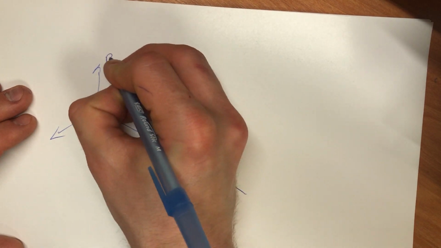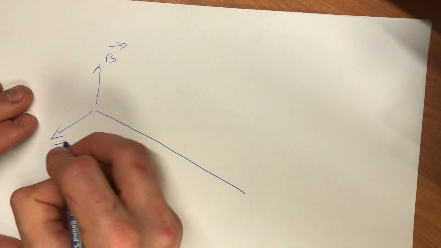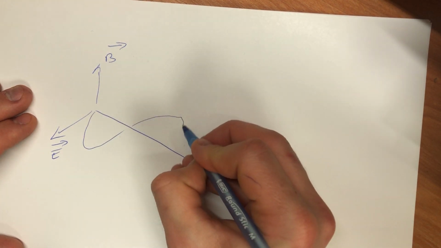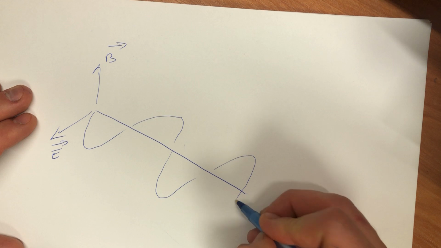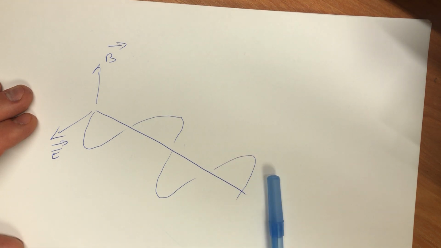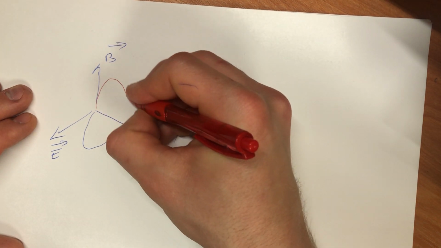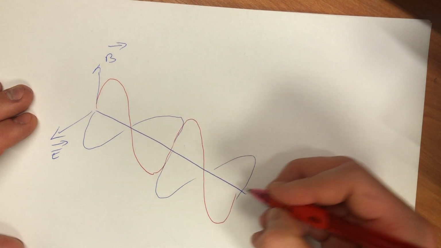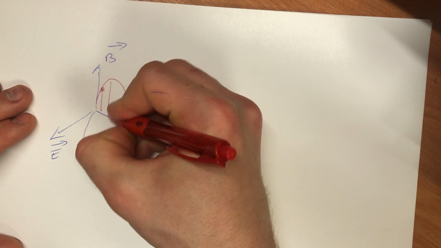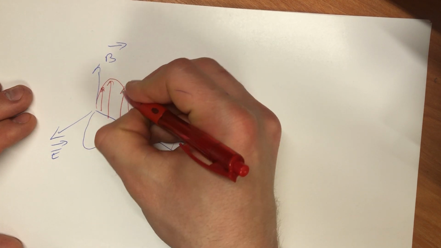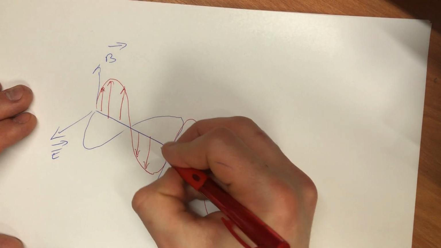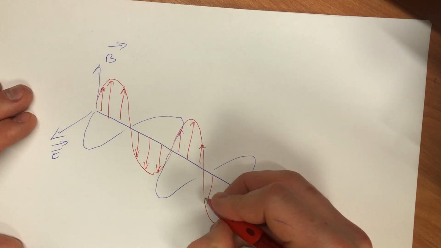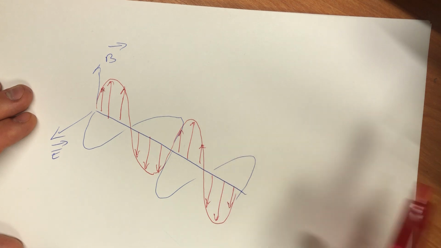This would be the B field, this would be the E field, and they oscillate and travel in space at the speed of light.